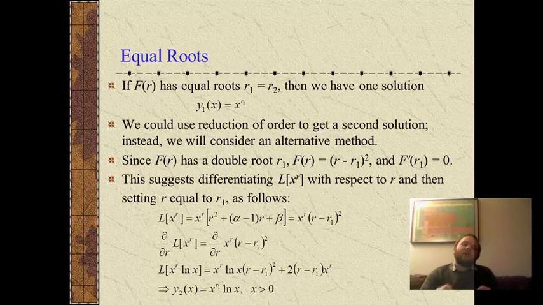If r1 and r2 are not distinct, if they are the same, we can do repeated roots or reduction of order just like we did for constant coefficients. In class, I kind of explained this a little bit. Remember, since our f of r is the product of my two terms, r minus r1, r minus r2, if r1 and r2 are the same, it's like saying r minus 2 times r minus 2.